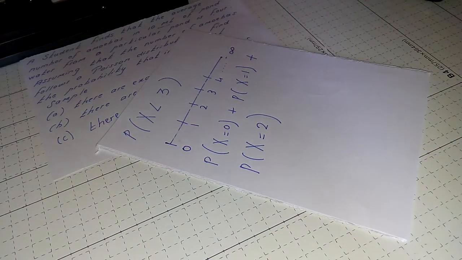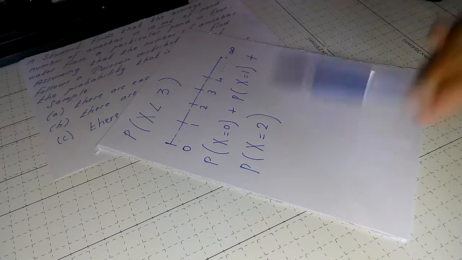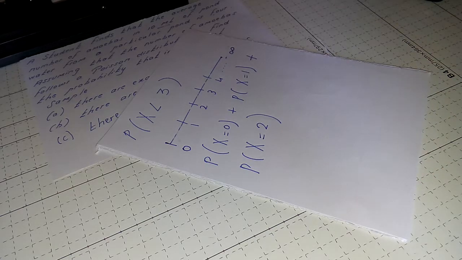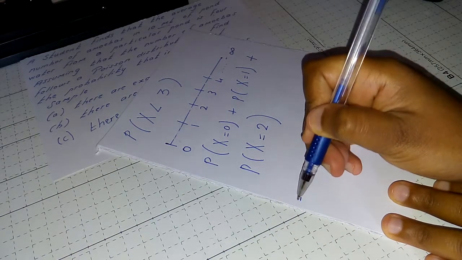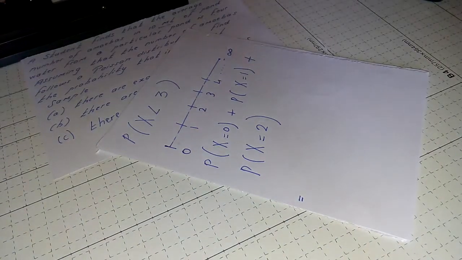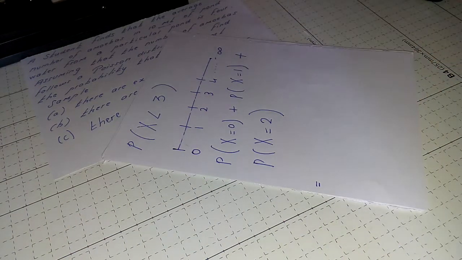So if you need to find the probability of X less than 3, you need to include only the values X equal to 0, 1 and 2. Now I'm going to show you how to calculate this probability because you have more than one probability here.